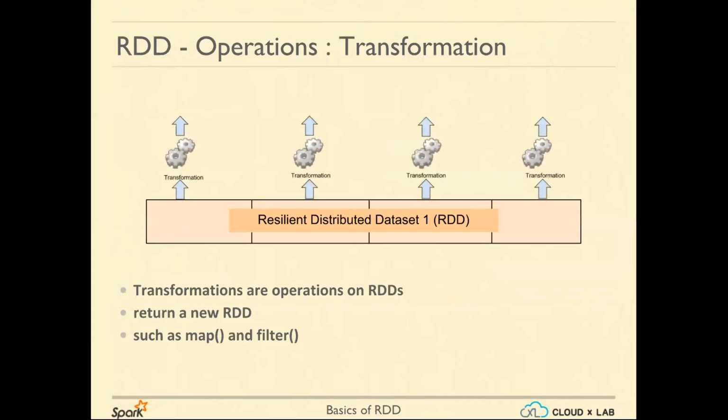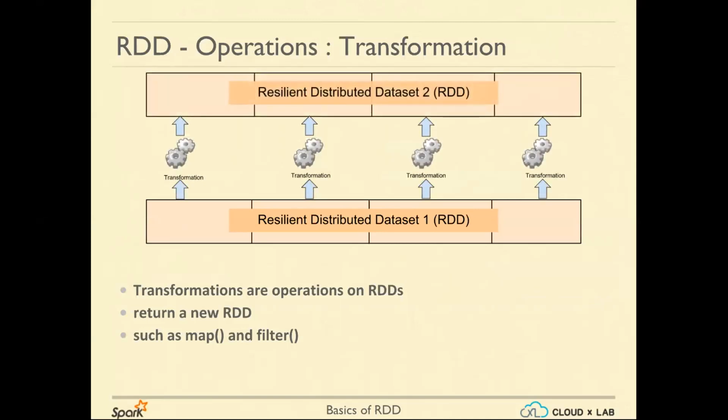Whatever transformation we define is going to be called on every partition or every element of the RDD, and then we will get another RDD. So transformations are operations or functions executed on an RDD. It returns a new RDD, such as map, flatMap, or filter.